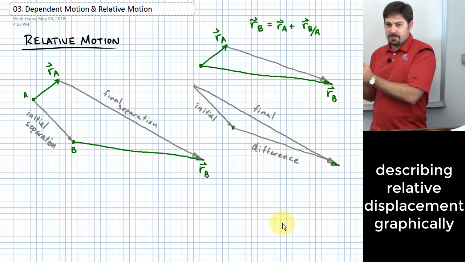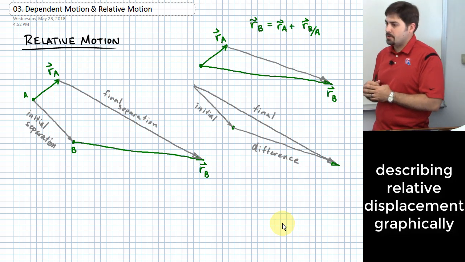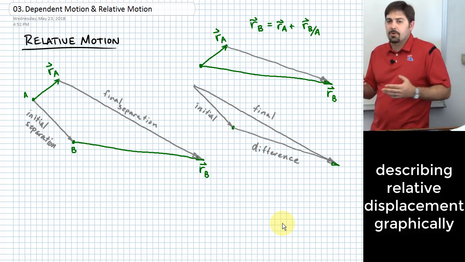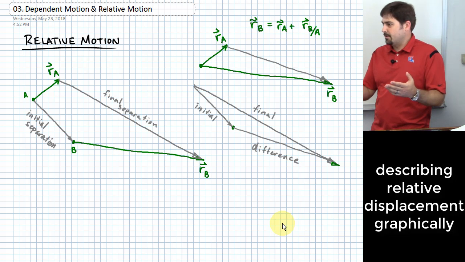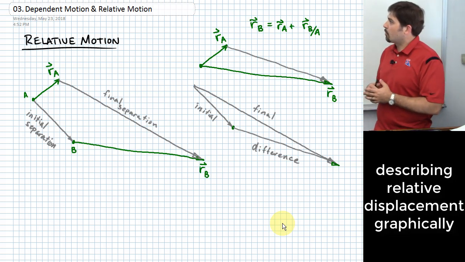Does that make sense? The difference sometimes matters to you. It might be how much further apart are you than where you started, and that can be done with this very simple formula.